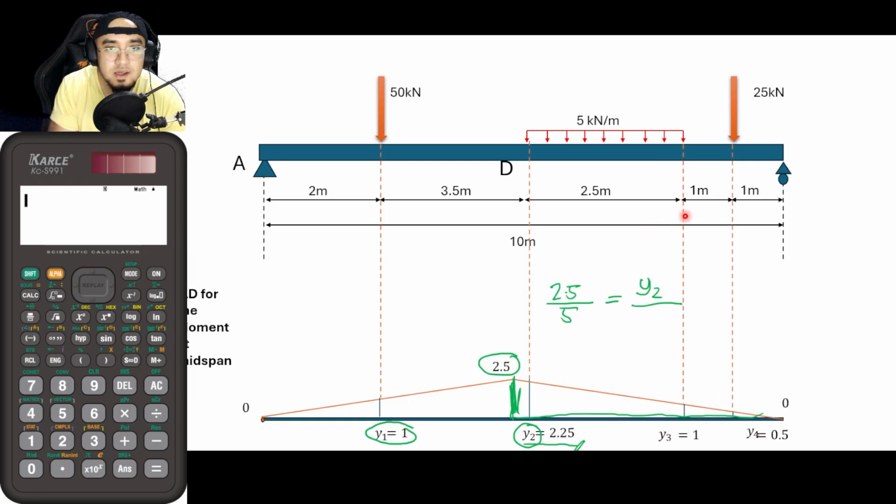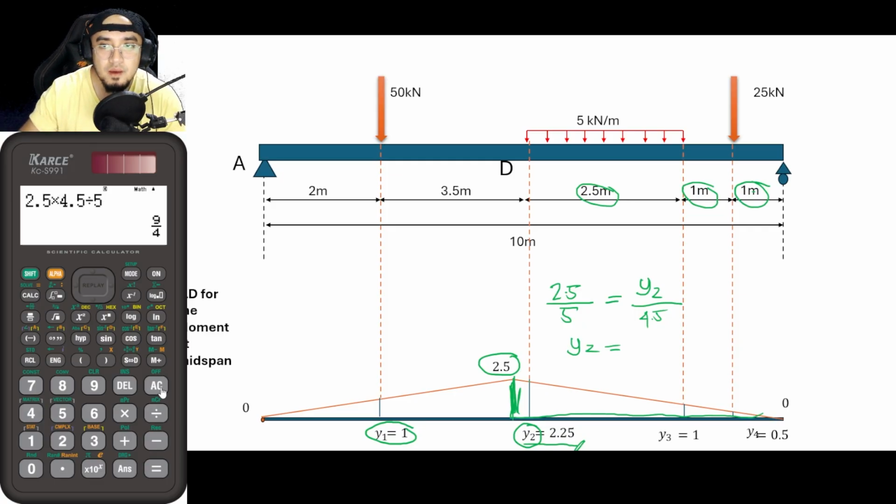In this case, x is equal to 1 meter plus 1 meter plus 2.5 meters. So 1 plus 1 plus 2.5 is 4.5. So solving for y2, this is equal to 2.5 times 4.5 divided by 5. So that is 2.25.